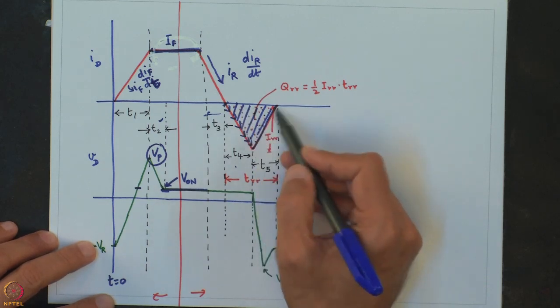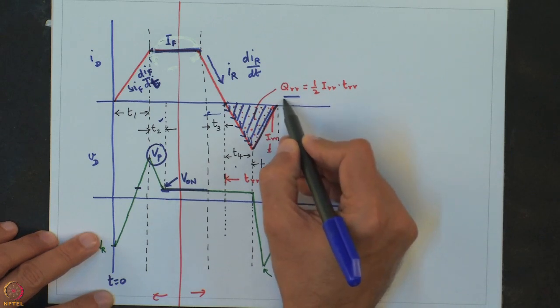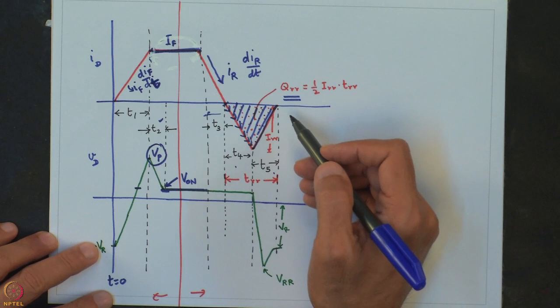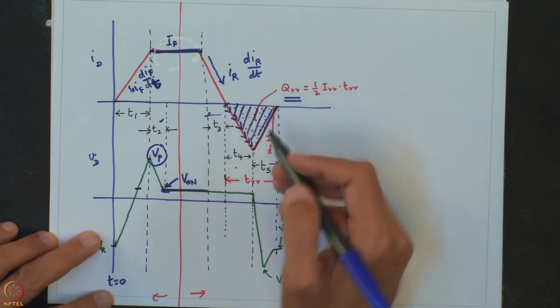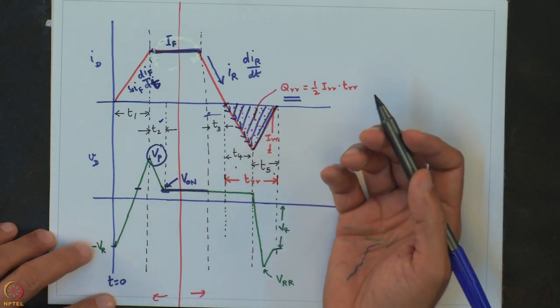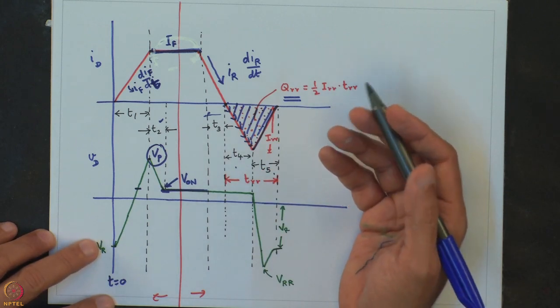This area represents the extra charge that has accumulated during the on condition of the diode, which has now been swept out, and the PN junction of the diode has regained its capability to block the reverse voltage.